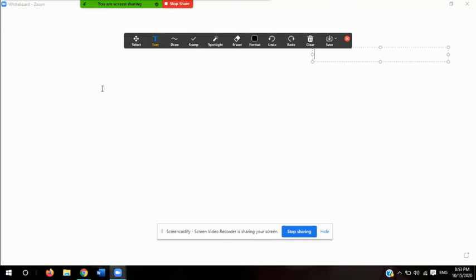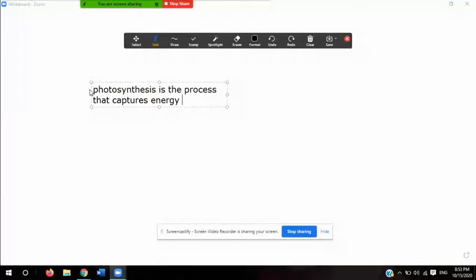So reading from your textbook, we can say that photosynthesis is the process that captures energy from sunlight to make sugars that store chemical energy.